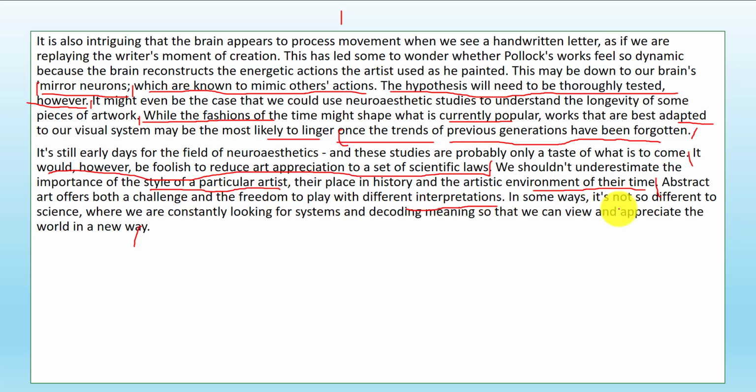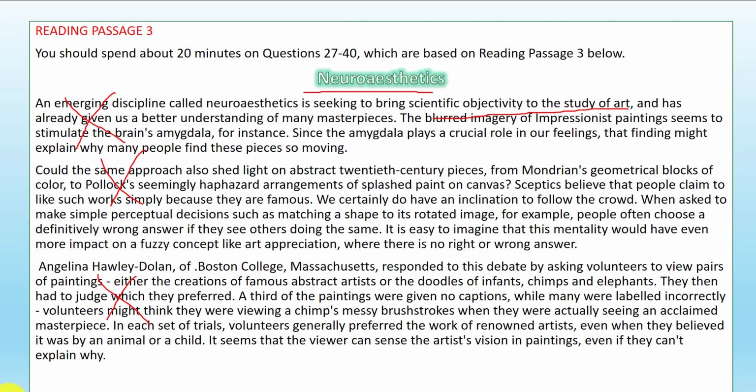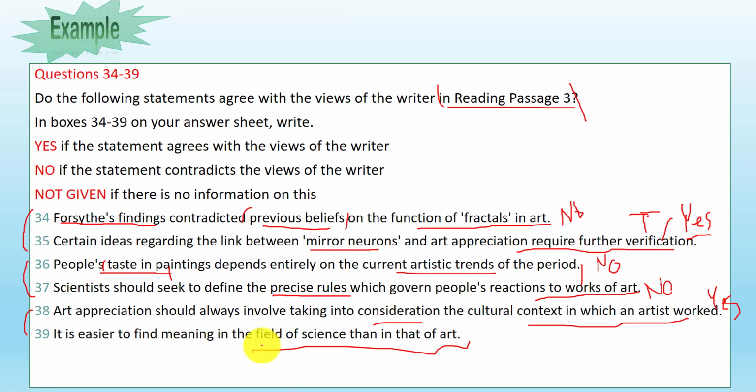In some ways it is not so different to science, where we are constantly looking for systems and decoding meaning so that we can view and appreciate the world in a new way. I've read these two sentences, but as you see, there is nothing about the comparison between whether it would be easier or harder to find meaning in the field of science than in art. So that question is not given.